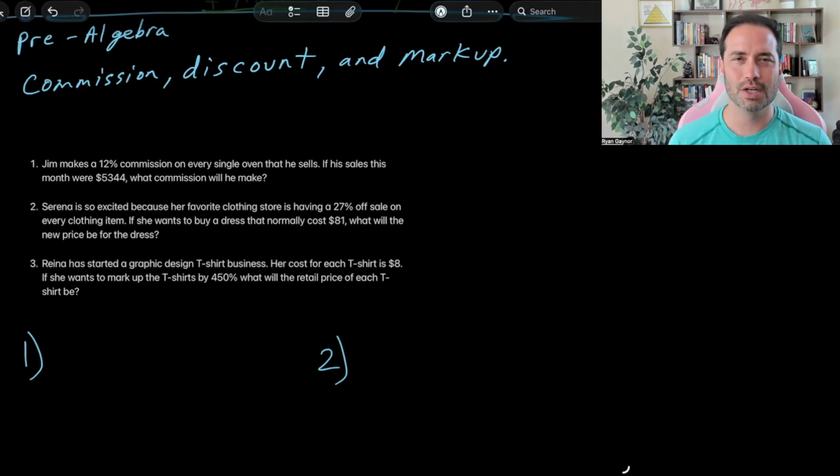Commission, right, really incentivizes employees to sell more things. So they're getting a salary, but then on top of that, every time they make a sale, they're making a commission. Now 12%, that's a high commission, right? So this person's going to be highly motivated. So they're doing 12% of the sales is going to be their bonus, basically.